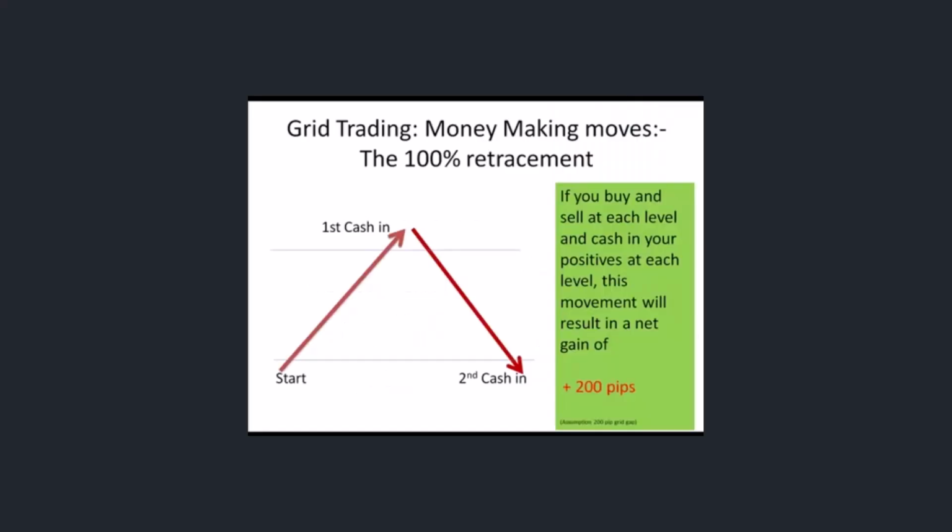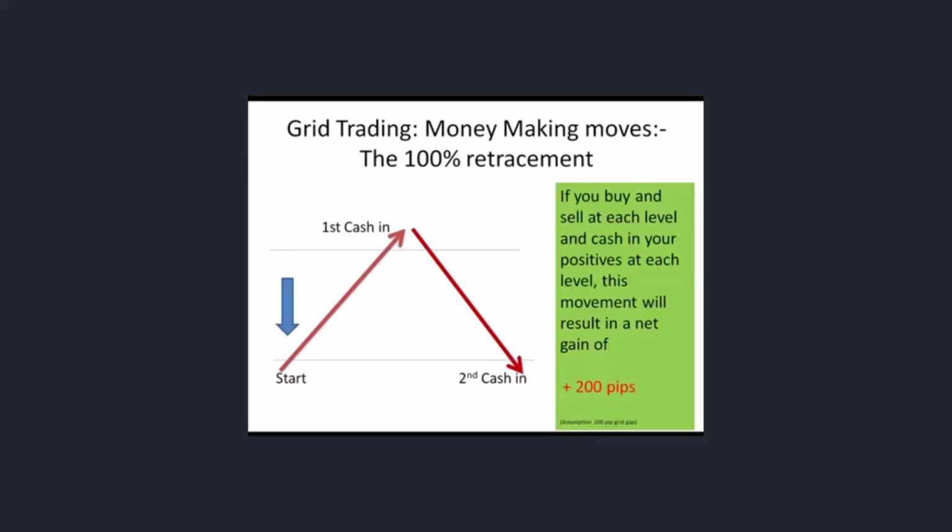Okay, so let's have a look at some money making moves using the grid system. The first one is the 100% retracement move, and that results in a profit. If using a 200 pip grid, that would result in a 200 pip profit. How this works is you would start with a buy and sell at the start. It would go up to your next level, and there you would enter a buy and a sell, and you would cash in your positive transaction and leave the negative transaction there.